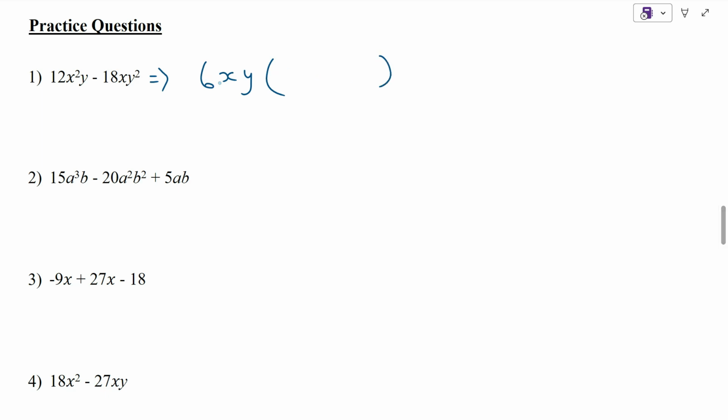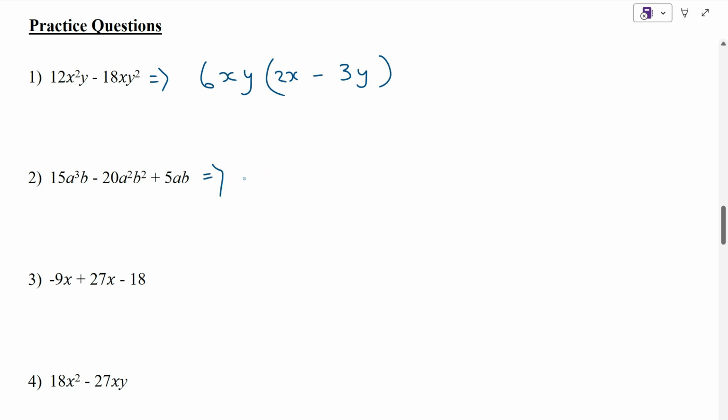We multiply 6 with 2 to give us 12. We multiply x with x to give us x squared. And there is only one y, so we don't need to add anything. It's a minus sign. We need to multiply 6 with 3 to give us 18. Multiply x with just 1 because there's only one x here. And y multiplied by y itself to give us y squared.